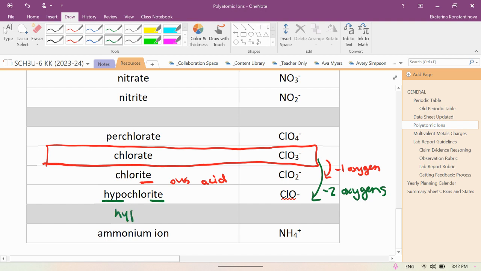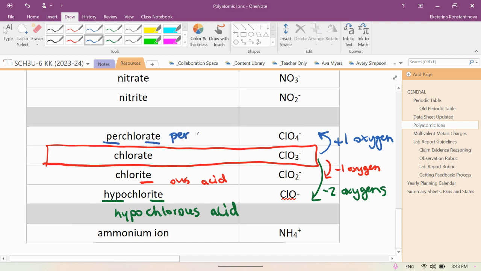So I'm going to name it hypochlorous acid. And then let's say I have one more oxygen. Then I have perchlorate, so we would call it perchloric acid, where you have the ic acid, but then you have the prefix per.